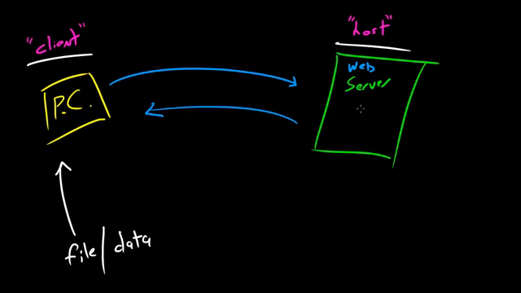Now the host, which is the web server, is the computer that gives the data or gives the file. So it gives it away. And you remember this because maybe you're hosting a party at your house, you're giving away food to your guests, you're giving away crap. So basically that's what a client is, the computer that gets something, and the host is the computer that gives it away.